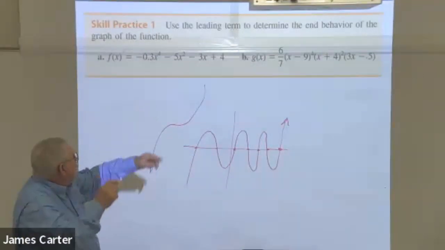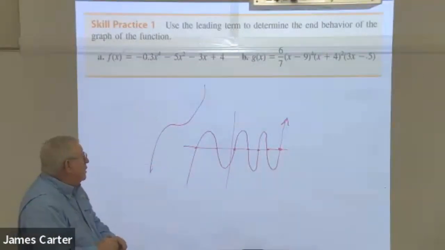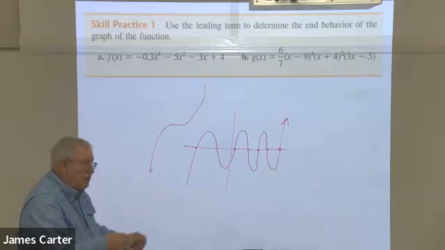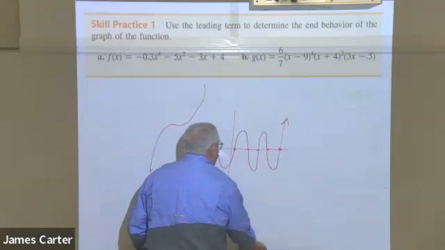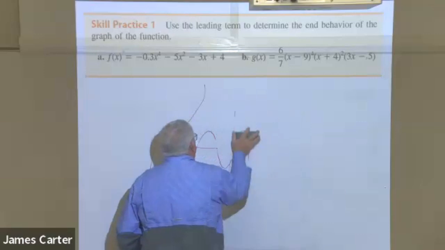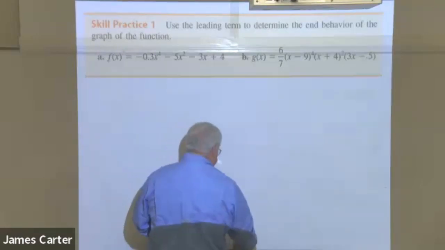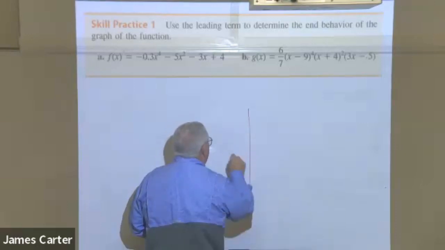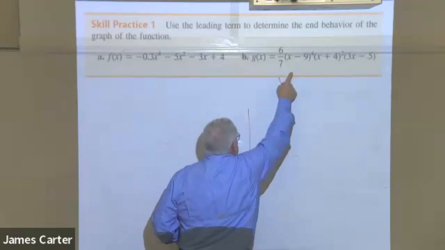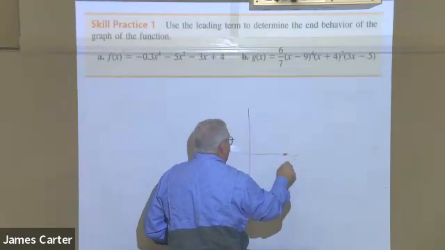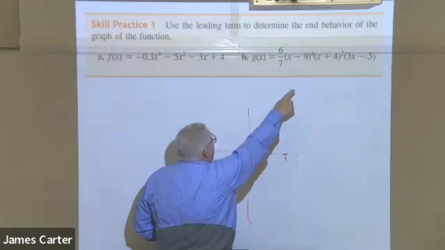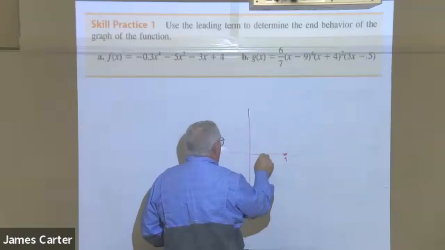Now, I don't know that it will, but I know that it won't, and we'll get into some more particular graphing things in the future to show you that. In fact, I'll show you that right now. You've got +9. You've got +4.